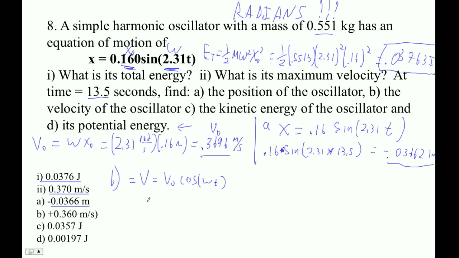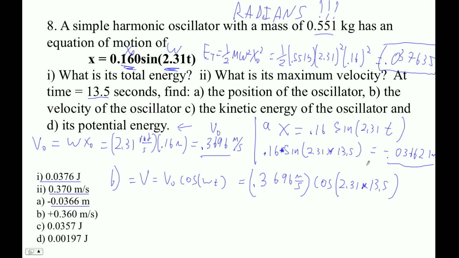Okay, so it's going to be, where did I store that? I stored it right there. Okay, so I'm just going to plug in, right? So it's going to be 0.3696 meters per second. I'm using the unrounded value of this guy, times cos, and then it's just 2.31 times 13.5.